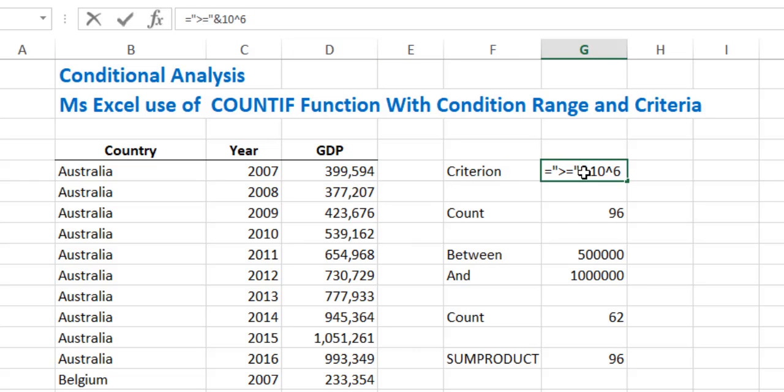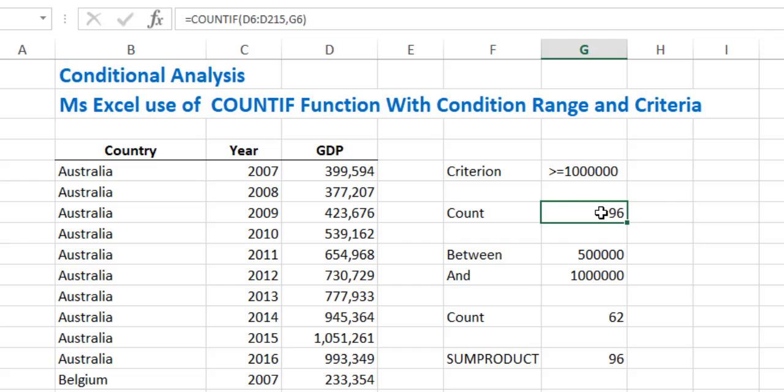So here is the criteria. The value is written this way: greater than equal to 10 to the power 6. In result we get this value greater than equal to 1 million, 1 2 3 4 5 6 0, which is making 1 million.